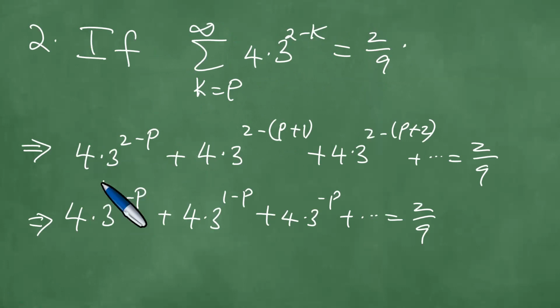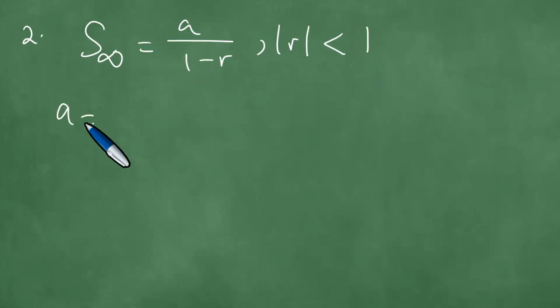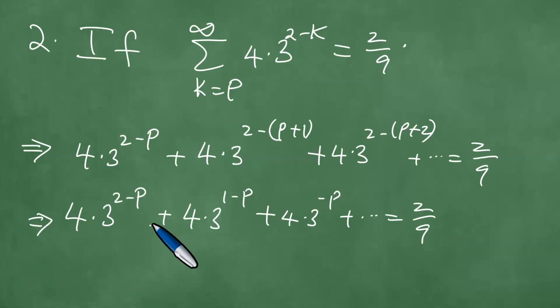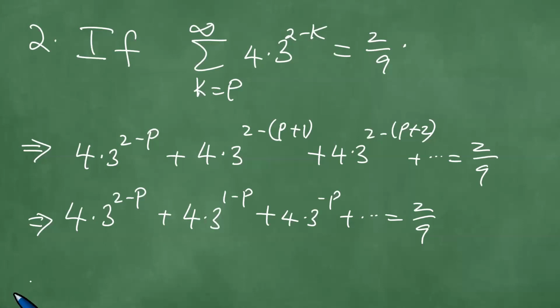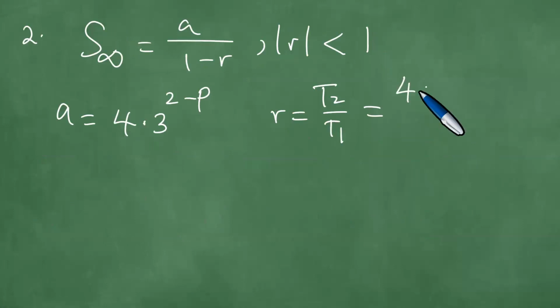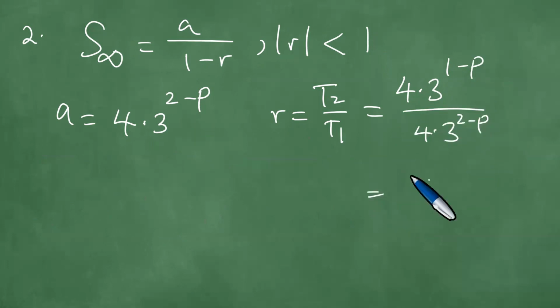The first term is this one, 4 times 3 to the power 2 minus p. Then what is the constant ratio? To get the constant ratio, we divide T2 over T1. The second term is 4 times 3 to the power 1 minus p, and the first term is 4 times 3 to the power 2 minus p. The 4 cancels.